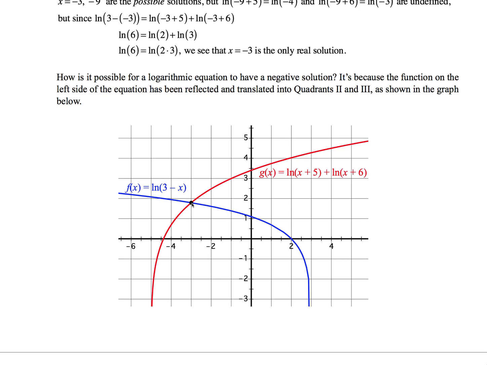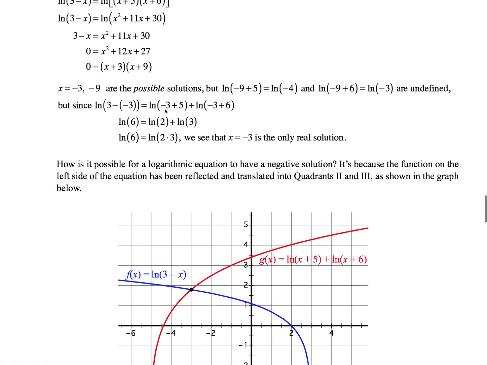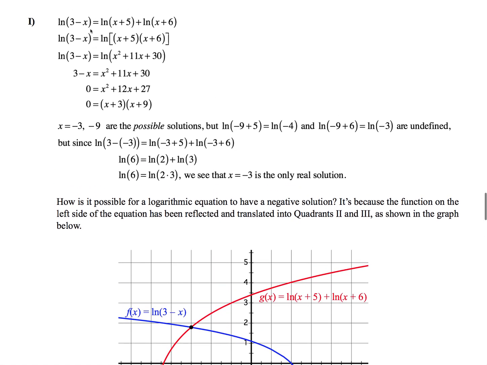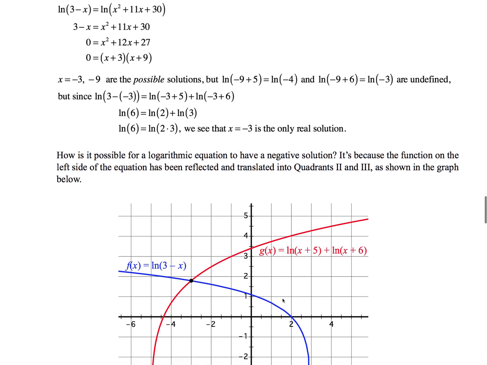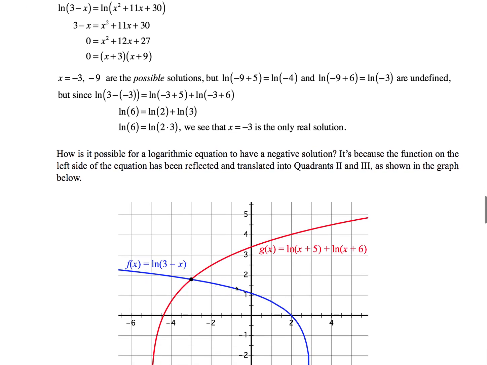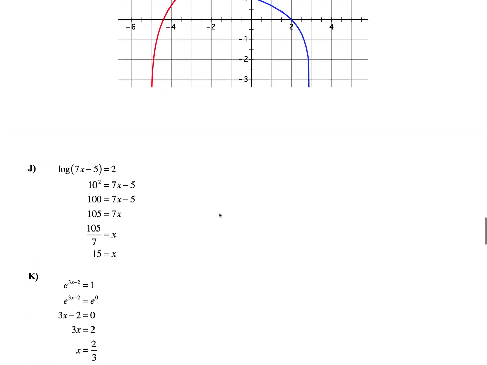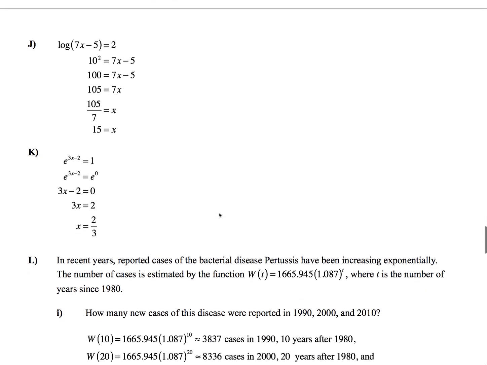And right here, they intersect when x is negative 3. So it's because this logarithm here, natural log of 3 minus x, has been reflected across the y-axis. So a lot of its values are over here in the negative area. So that's why you can have a negative solution.